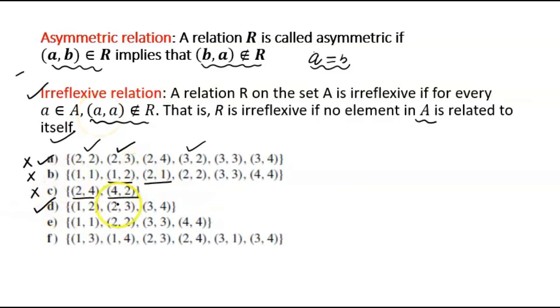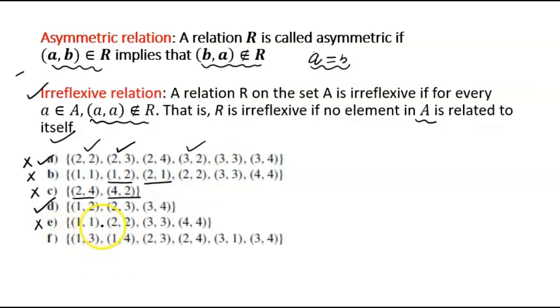asymmetric relation. If I look at the fifth example, we have (1, 1), (2, 2), (3, 3), (4, 4), and for a relation to be asymmetric, if (a, b) belongs to R, then (b, a) should not belong to R, even in case a and b are equal, right? So this is also not asymmetric. Now don't get confused.